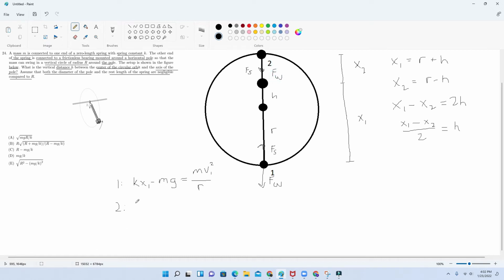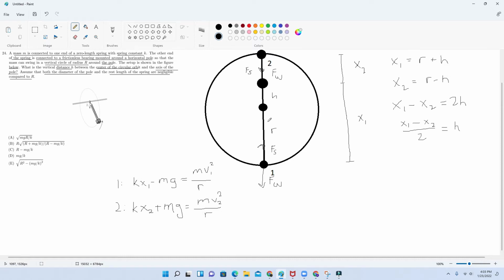So we can write our spring force downwards, kx2, using Hooke's law, plus mg will equal mv2 squared by r. So the signs are a little confusing, but I'm just using them relative to each other.